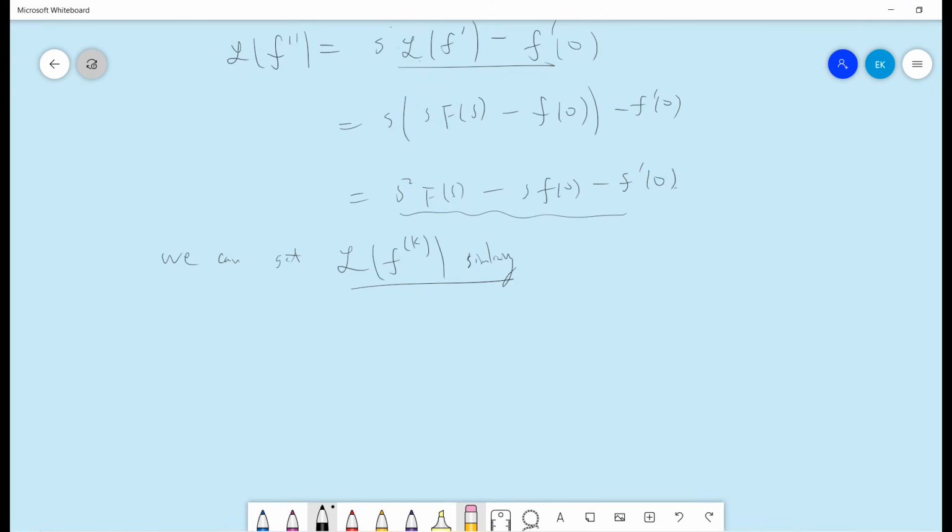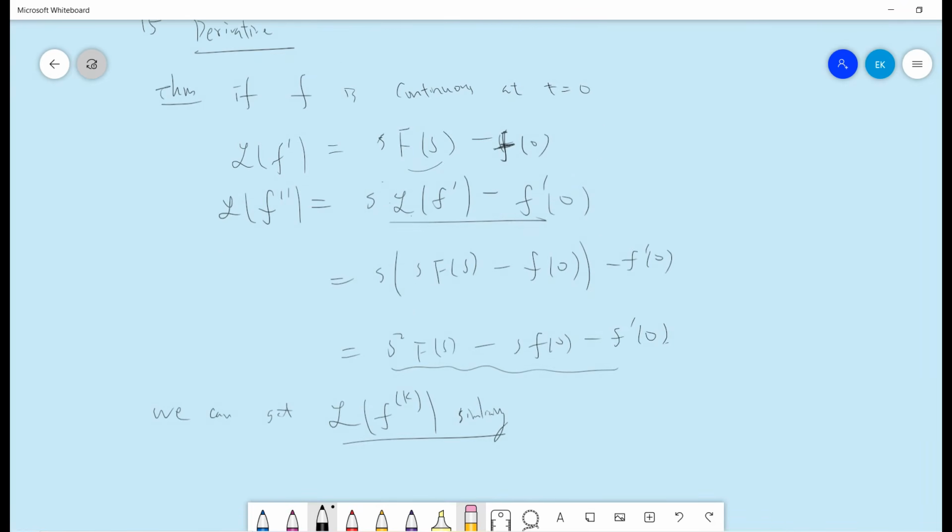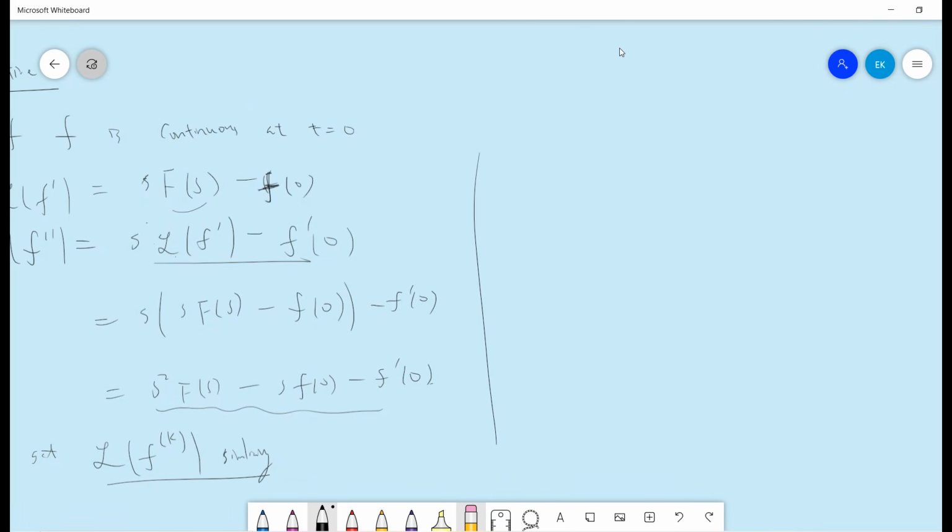Let me check. Okay, so maybe we can still prove it. The integral from 0 to infinity of f prime of t exponential minus st dt is done by integration by parts. So this is dv, this is u. We have uv minus the integral of v du, plus s.